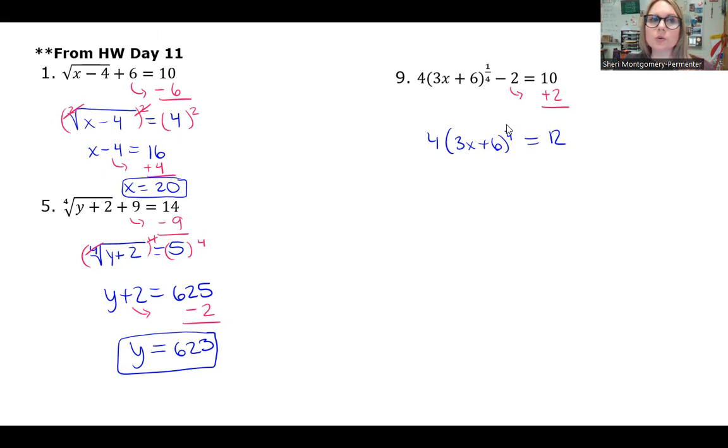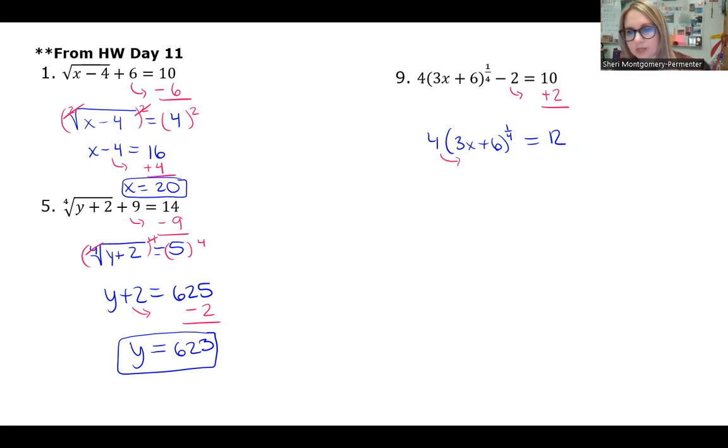I'm pretty sure that your questions on your quiz just have maybe one step before you have to raise everything to a power. So like this one, you had to add or subtract first. This one, I think that you also have a question that you're going to have to divide first, where they maybe don't ask you this first step of adding or subtracting, but you definitely want to check for numbers out in front. If you have a number out in front, what's the inverse of multiply by 4?